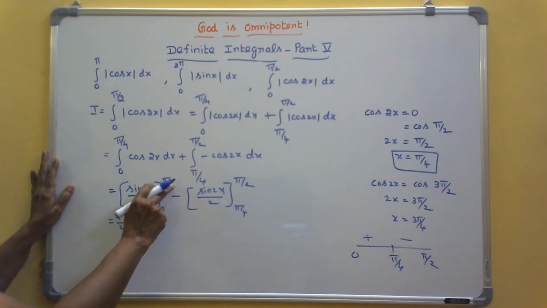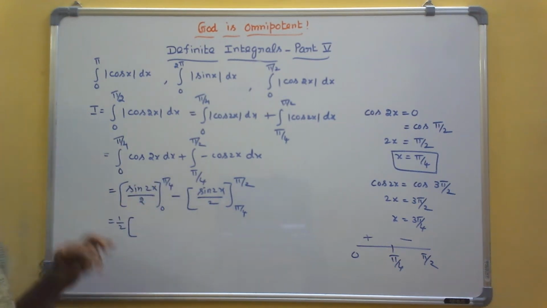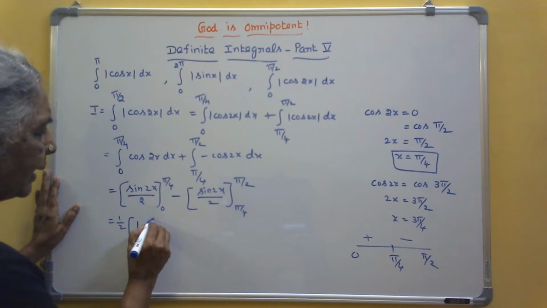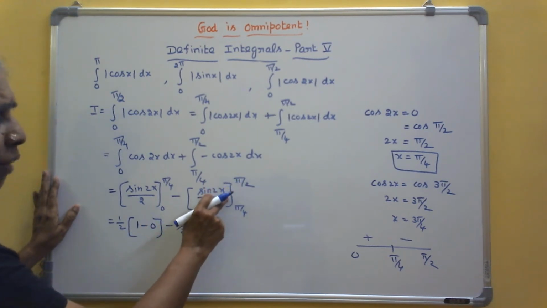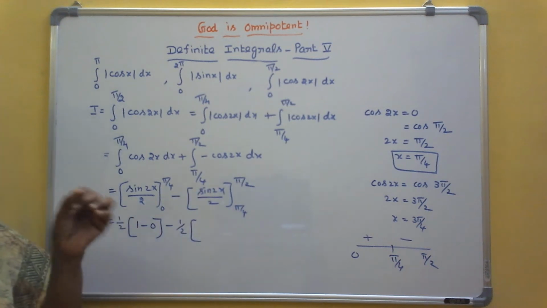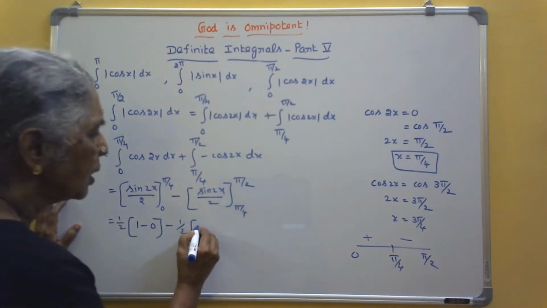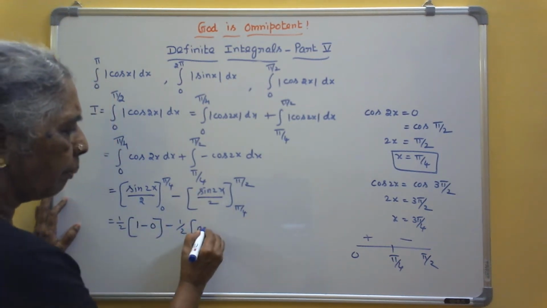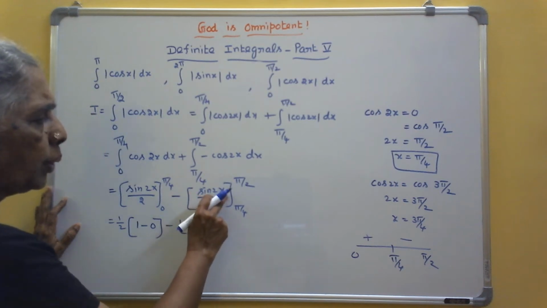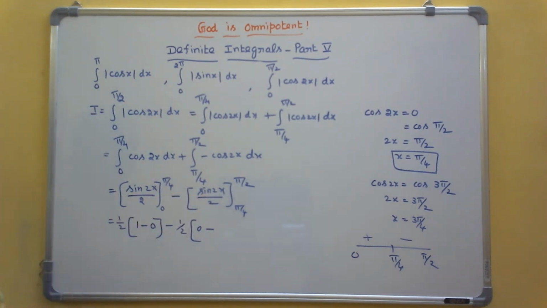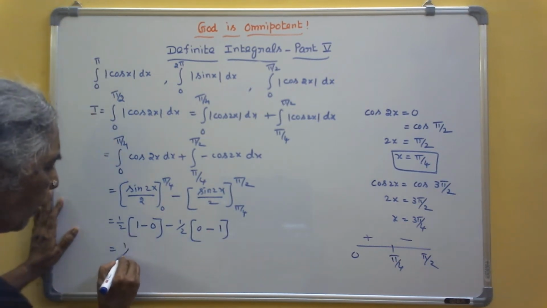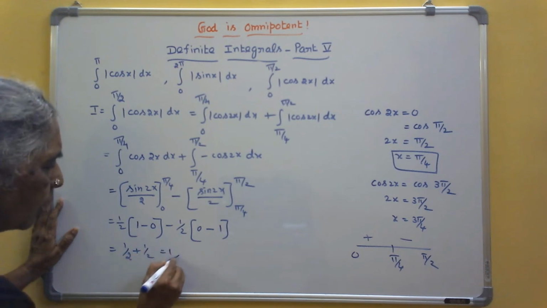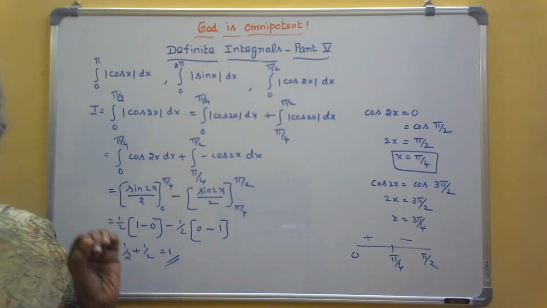Sin 2x means you will get sin pi by 2 which is 1, then minus 0. Then minus 1 by 2 here. If you have pi by 2, it will become sin pi, which is now 0, right? Then minus sin 2 into pi by 4, that will be sin pi by 2, so that will be equal to 1. So here half into 1 you will get half, here minus into minus will be plus, so the answer is 1. Is it clear?